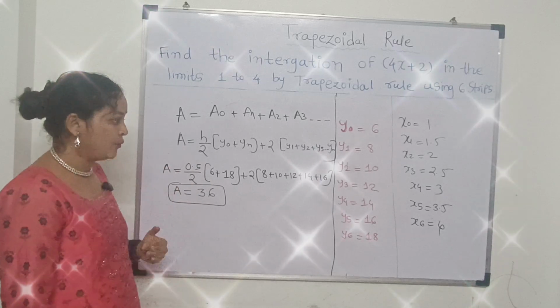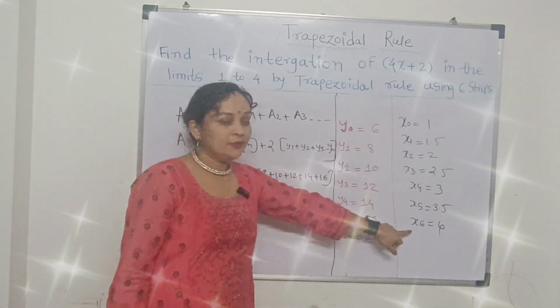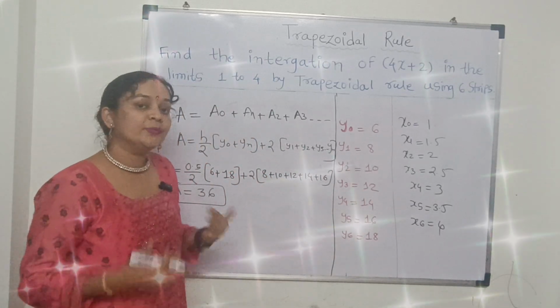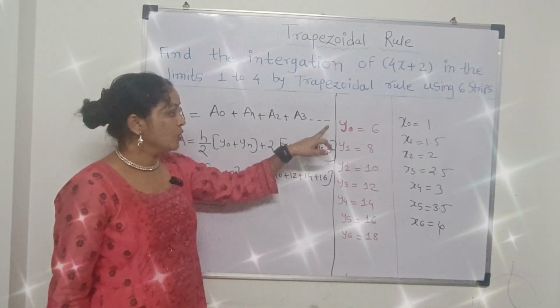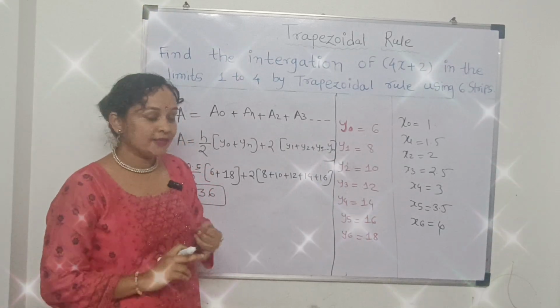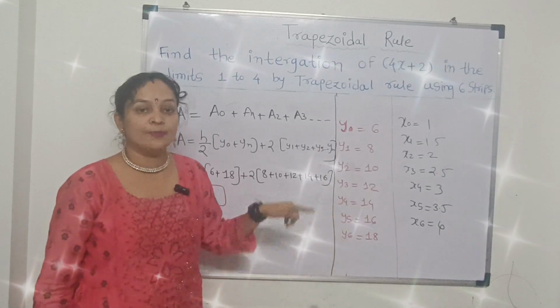So the first step is what? You are supposed to calculate x0 up to x6. Again, y is a function of x, so the first step is to calculate x up to whatever step they have mentioned.